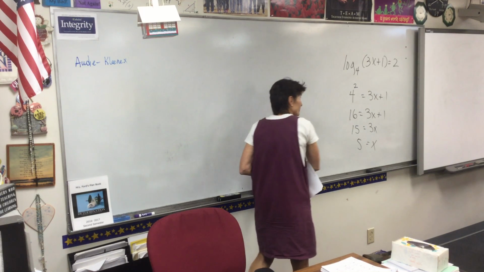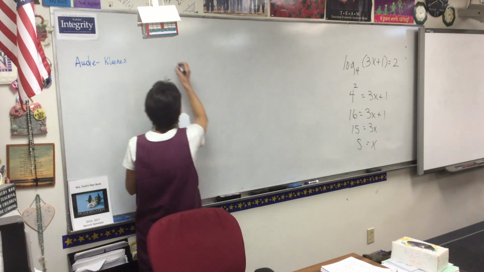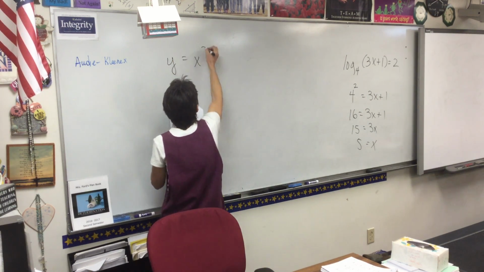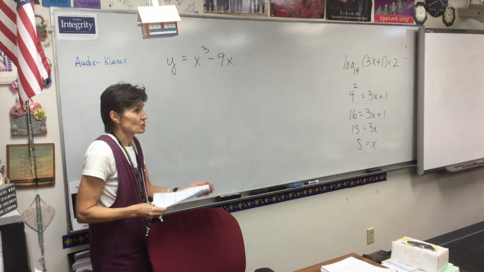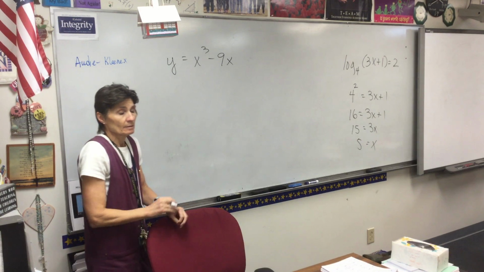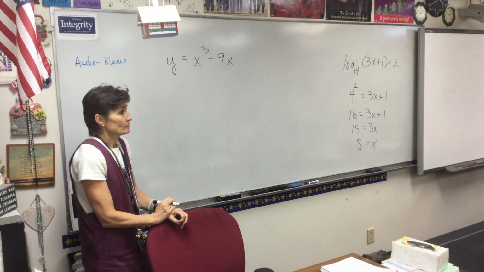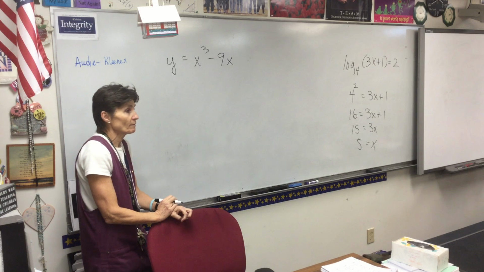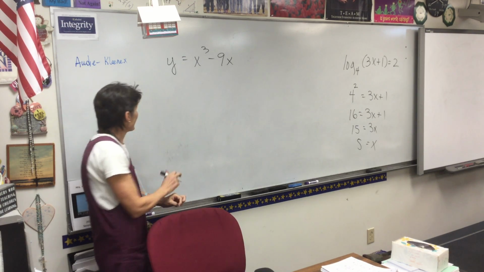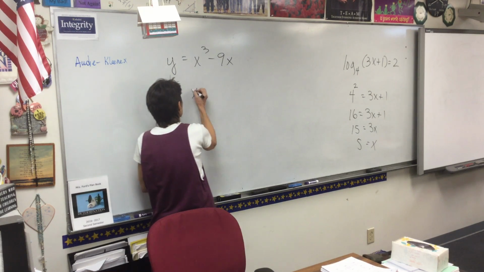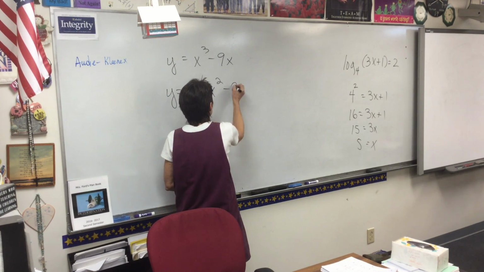Last one. Number 20. You are going to sketch this. Okay? So who knows what the first thing we might do is? Take out an x. In other words, Christian, we're going to factor it.